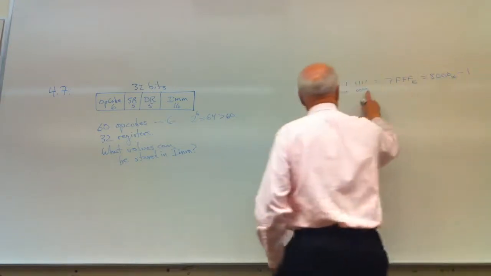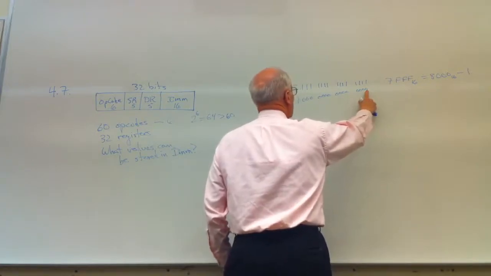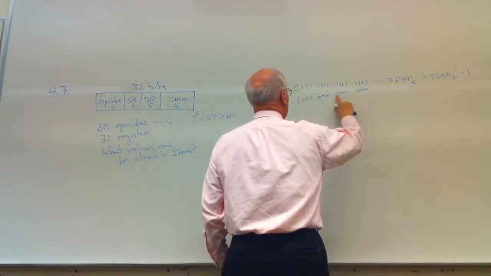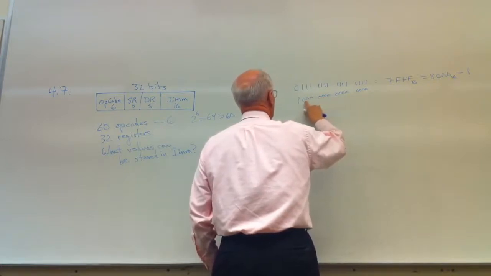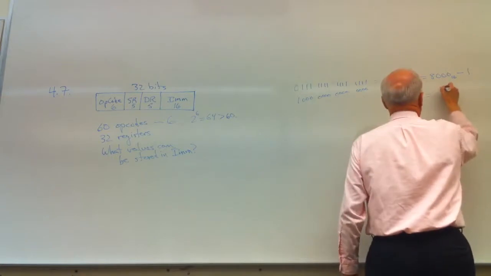Okay, so if we write it in binary, it's 2 to the 0, 1, 2, 3, 4, 5, 6, 7, 8, 9, 10, 11, 12, 13, 14, 15. So I can write that as 2 to the 15th minus 1.